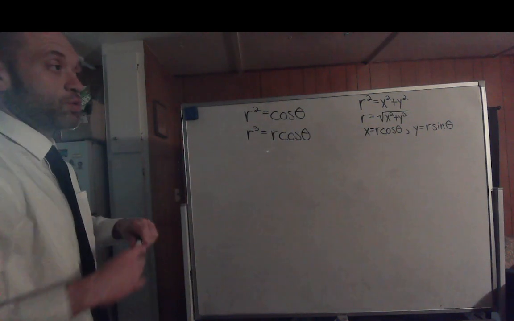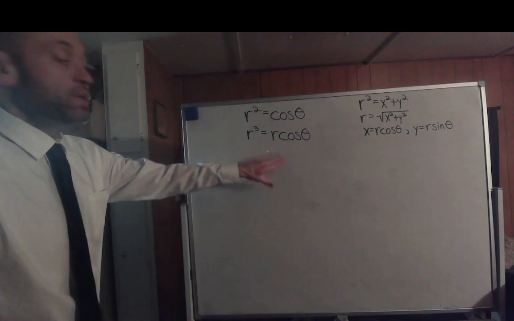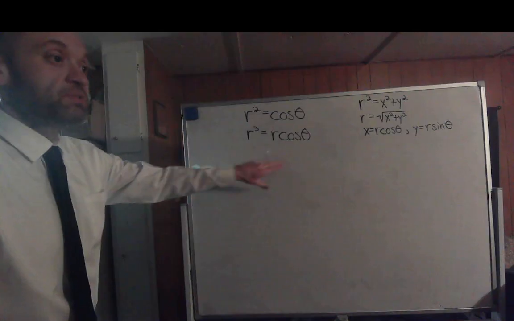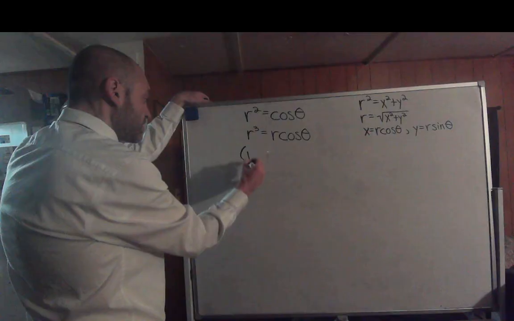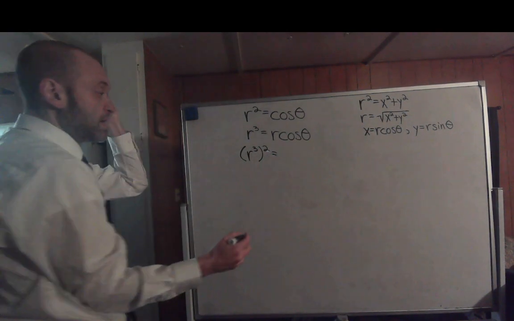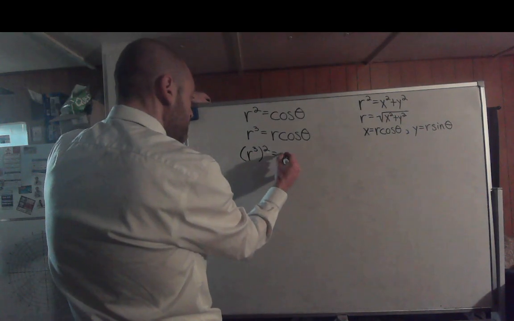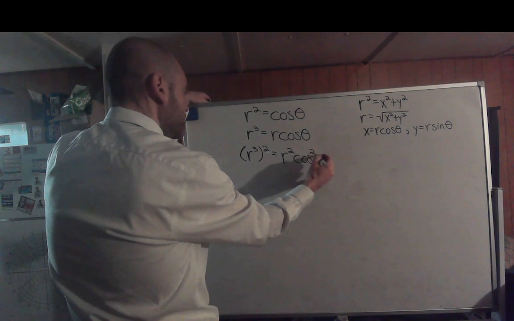Now what I'm going to recommend we do, once we have that r, is square both sides. So let's go ahead and do that. We will take that r cubed, raise that to the second power. That's going to equal r squared cosine squared of theta.